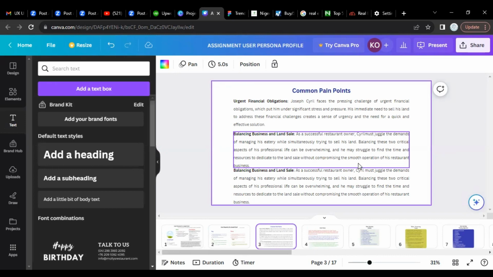So what the problem can be depends on the product; the common pain points might be different. But generally, there should be a financial problem. Financial problem means you are not able to pay the amount, or you are not able to withdraw the amount by using a particular application.